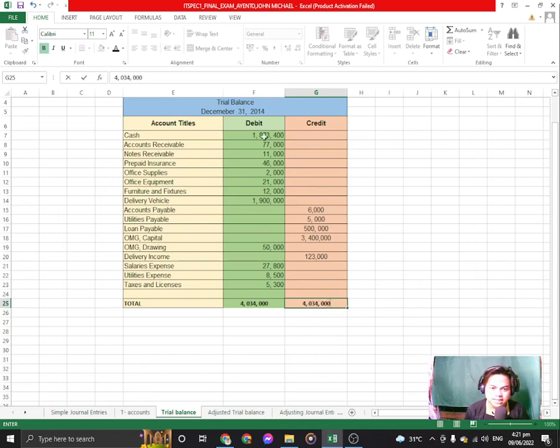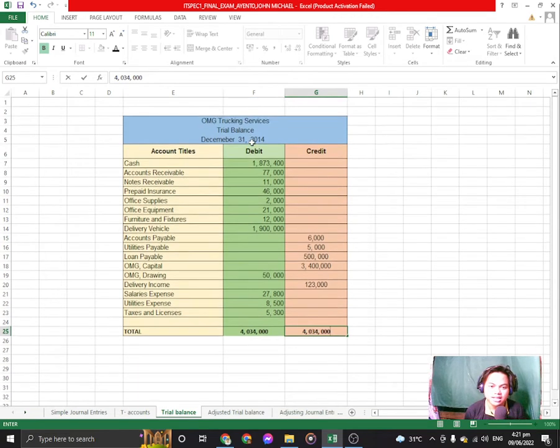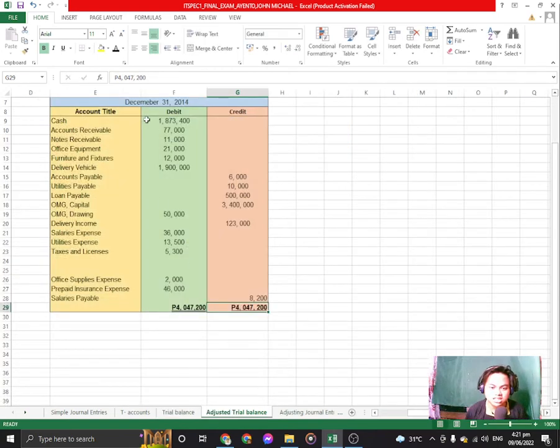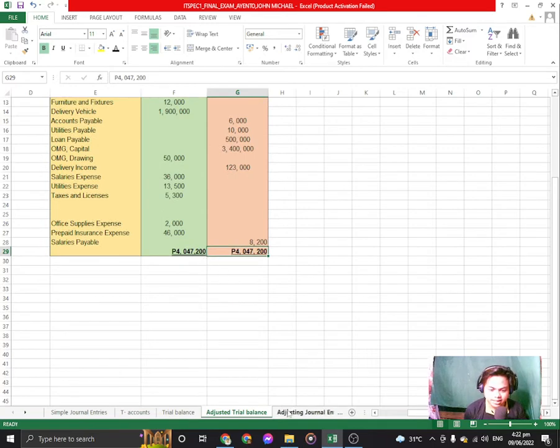So, which means balance po ang ato ang trial balance December 31, 2014. So, sunod ay ani din niya ang adjusted trial balance. So, mao to na adjust na siya. So, the total of 4,047,200 pesos. Okay, nakita naman nato sa table na balance na siya.